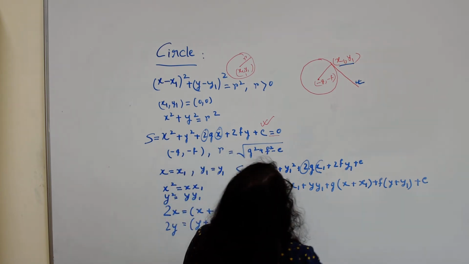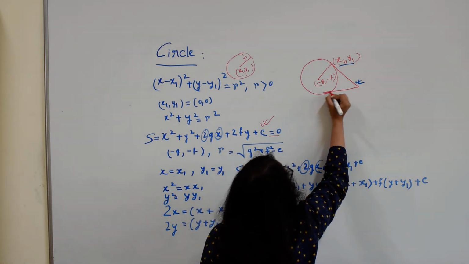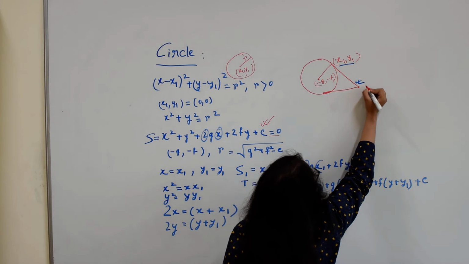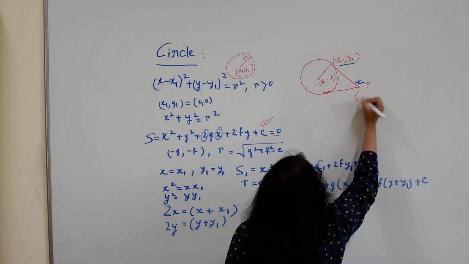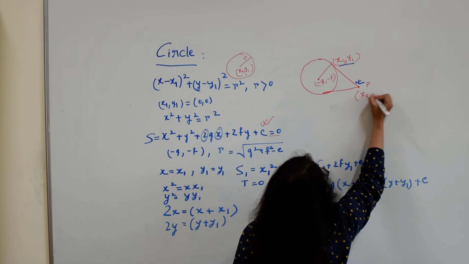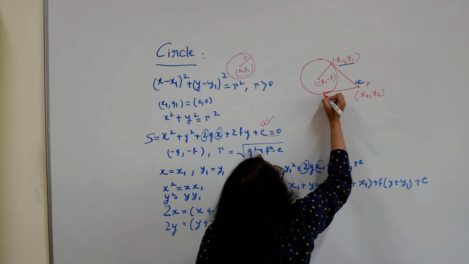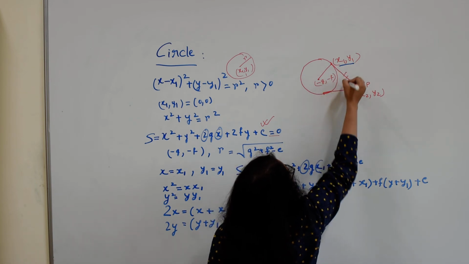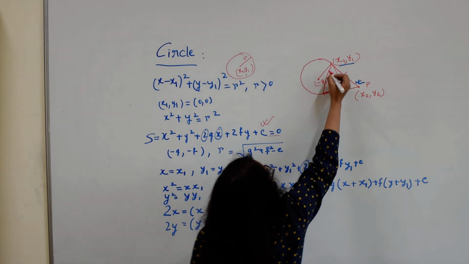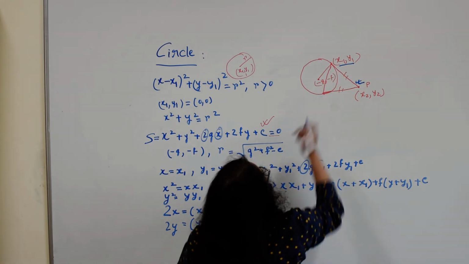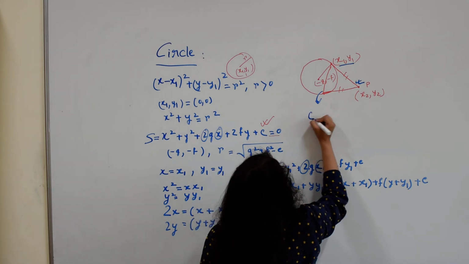Again, if we are given a pair of tangents from a point P (x2, y2), and we join the two points where the tangents touch the circle, we will get a chord. This chord is called the chord of contact.